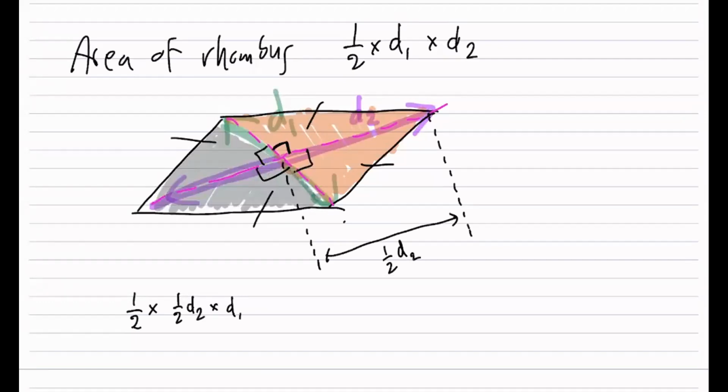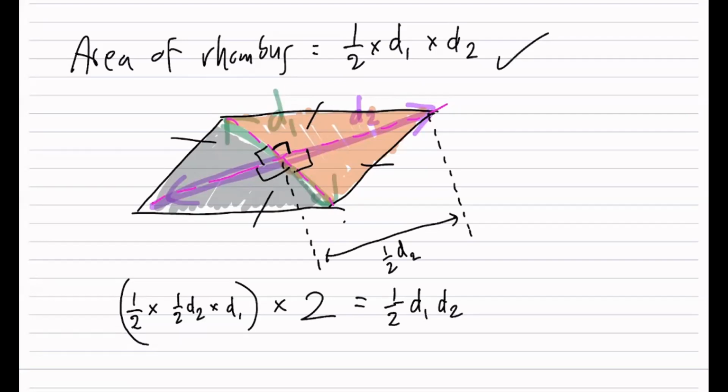So basically, they are congruent, right? You can prove that they are congruent. To get the total area, you just need to take this times 2. So let's check what's the formula now. Half times 2, you're left with half D1 D2, which is what I was mentioning at the beginning.